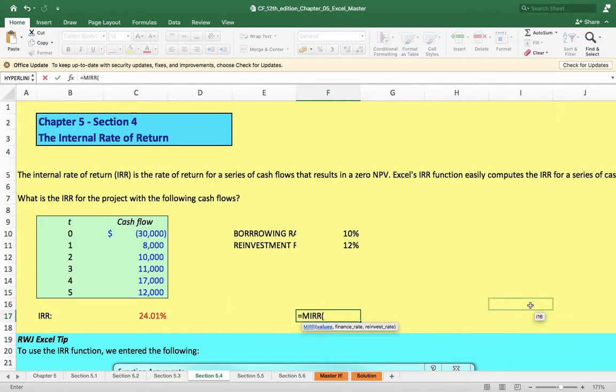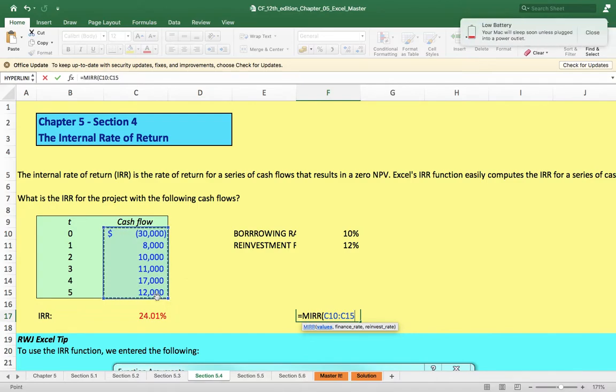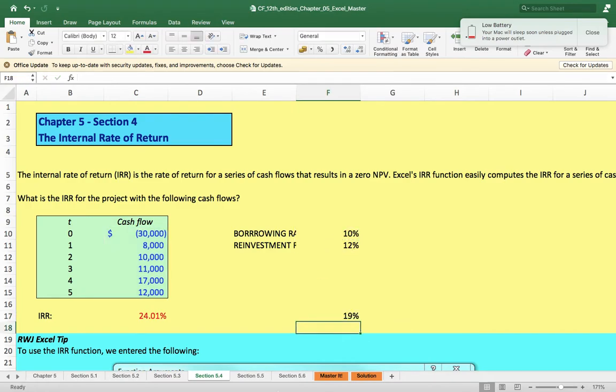The disadvantage of internal rate of return, we discussed, is that there is no discrimination between borrowing rate and reinvestment rate. In this case, all the values from year 0 to year 5, financing rate or borrowing rate is equal to 10%, reinvestment rate is equal to 12%, enter. This will give you the MIRR.